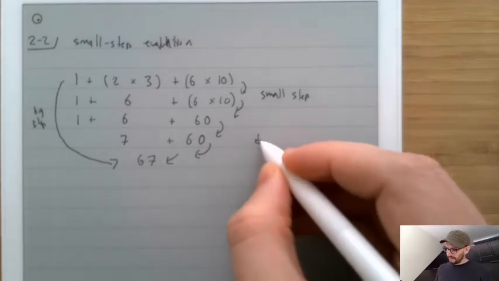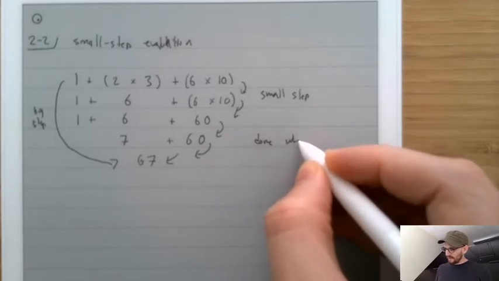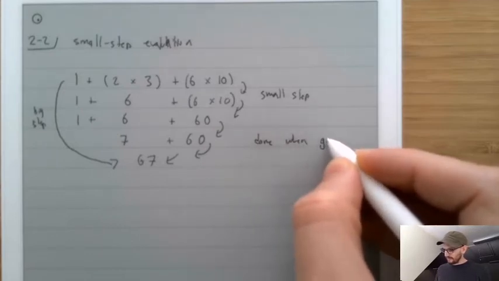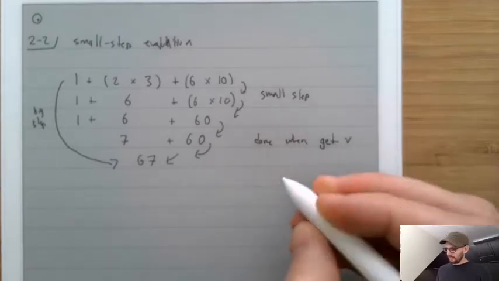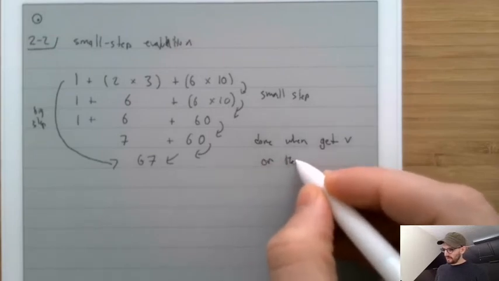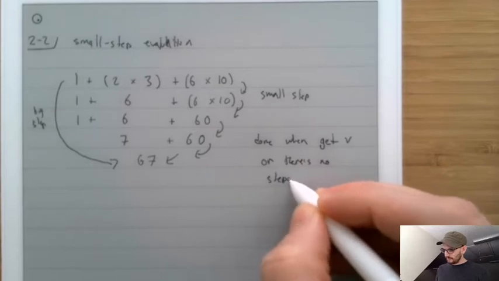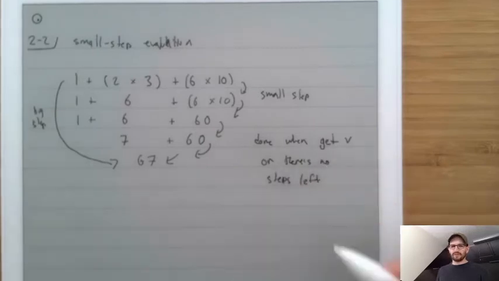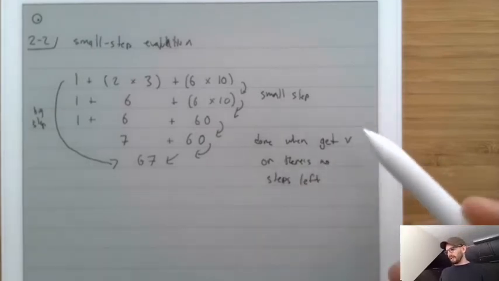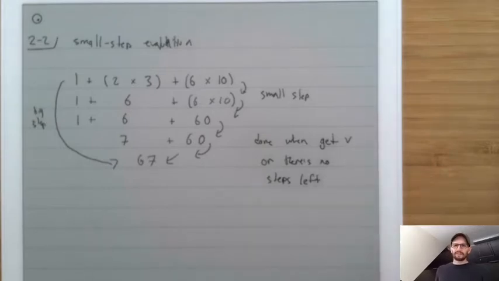So you're done when you get v, i.e. a value, or there's no steps left. And it turns out that these are equivalent things. Well, they're not equivalent. If something is a v, then there are no more steps left, but sometimes there are no steps left and you still haven't got to a v, such as when something's partial.